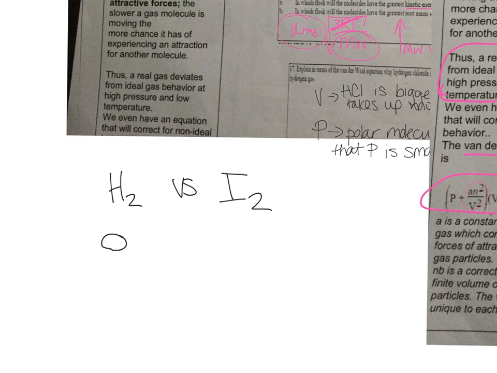When you have I2, remember it's kind of like that, right? And so you have all your little electrons there. When they hit the sides of the container, what happens to all those electrons? They all go to like one side, right? And so now we actually have a partially negative, partially positive side. So your bigger molecules are going to have that more pressure. That's all that I wanted to say.